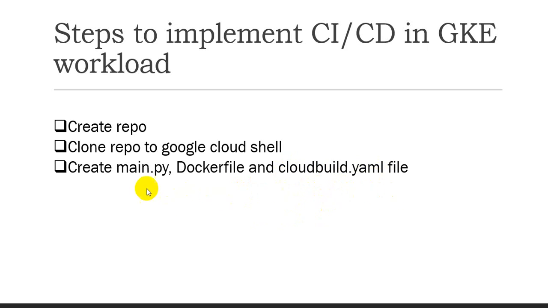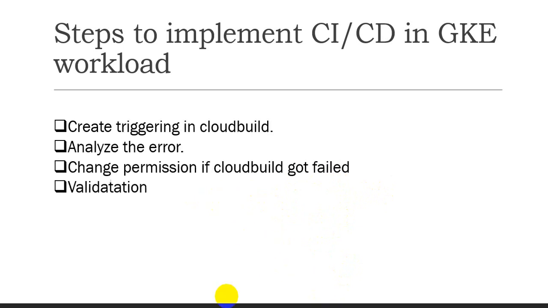So basically we require the main.py file, the Dockerfile and the cloudbuild YML file. The cloudbuild YML file is required to automate the process. Whenever I write the cloudbuild YML file, you can see and confirm how I'm writing the code.